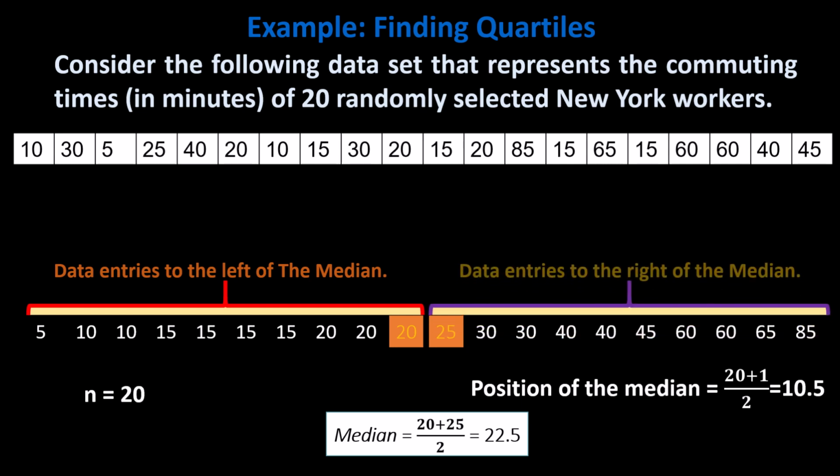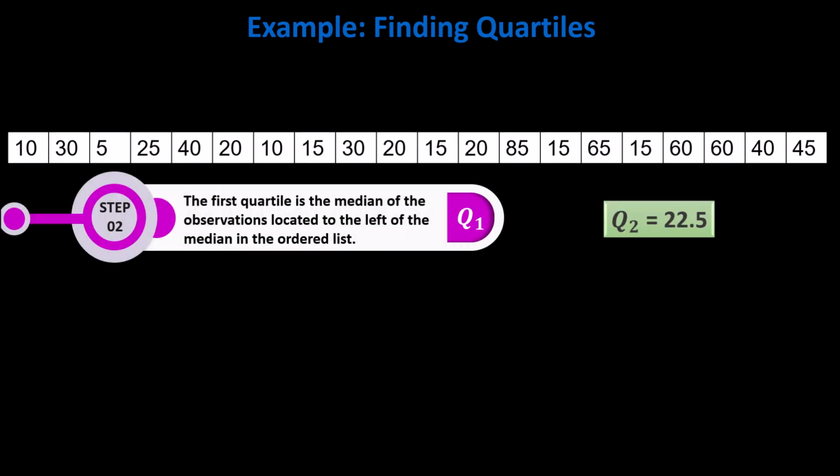That means this data set. Now you understand, we consider the observations left to the median to find the Q1, and to find the Q3, we consider the observations right to the median, right? Now go to step 2.